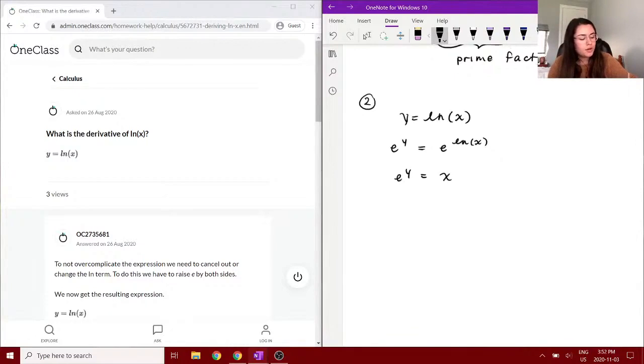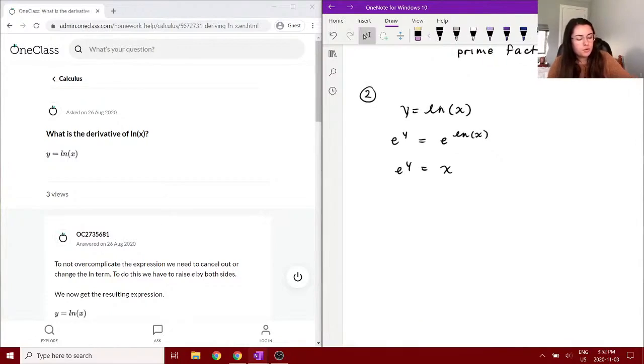Now that we have this form, it's the same equation, different form, we can take the derivative a little bit easier because we know what the derivative of an exponential is.